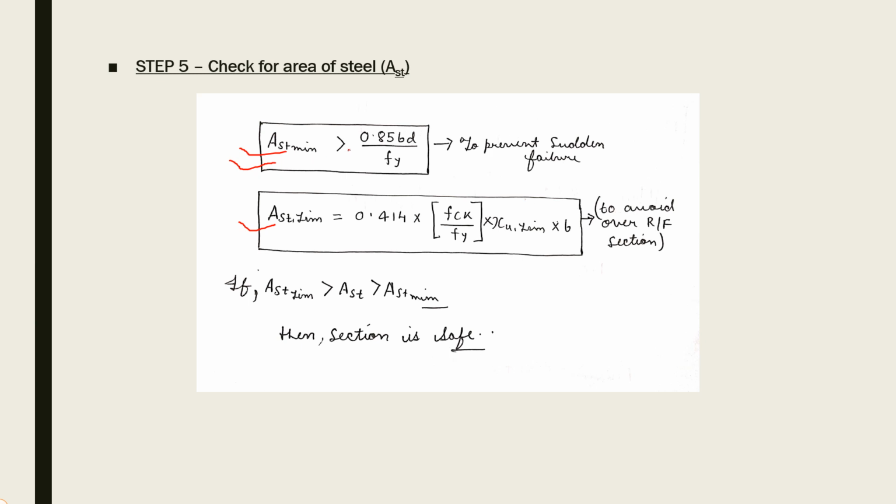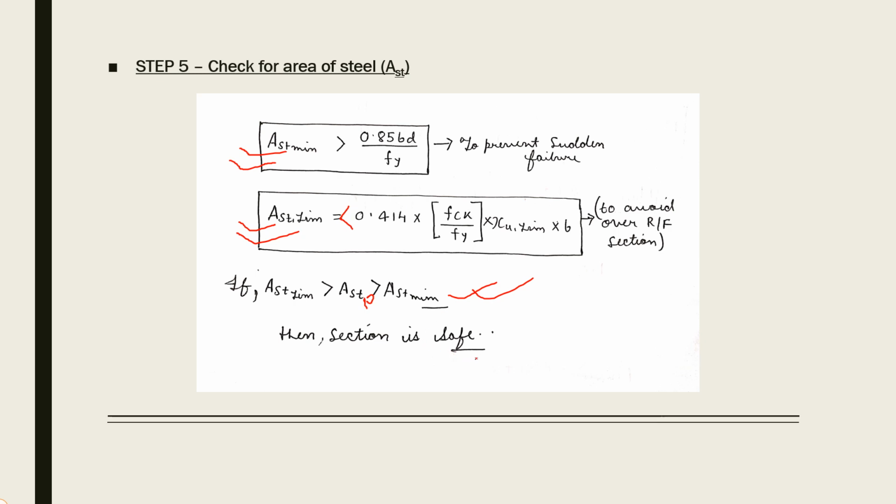The Ast we provide should be greater than Ast minimum, 0.85 bd by fy, and the Ast which we calculated should be less than the Ast limiting. When this condition is satisfied, that is Ast limiting is greater than Ast provided, and Ast provided is greater than Ast minimum, then the section will be safe and your section will be designed.